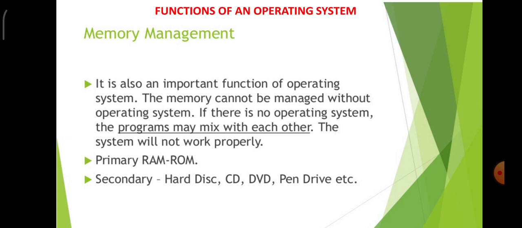Secondary memory, as you all know, is hard disk, CD, DVD, pen drive, etc. This has been covered in the previous class itself. As you know from the block diagram of the computer, it is a very essential function of an operating system, because without memory, no input can come in and no output can go out. So memory management is very important.